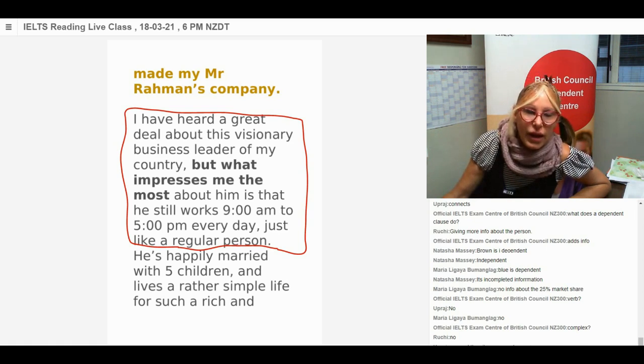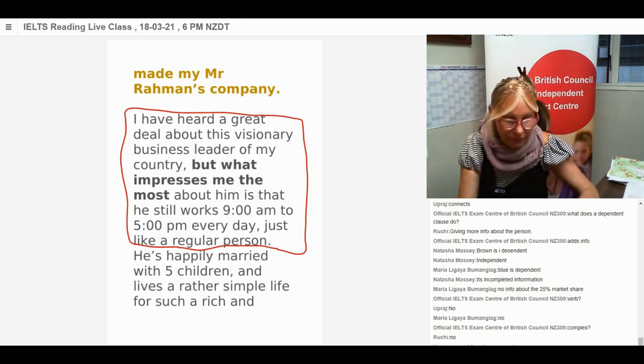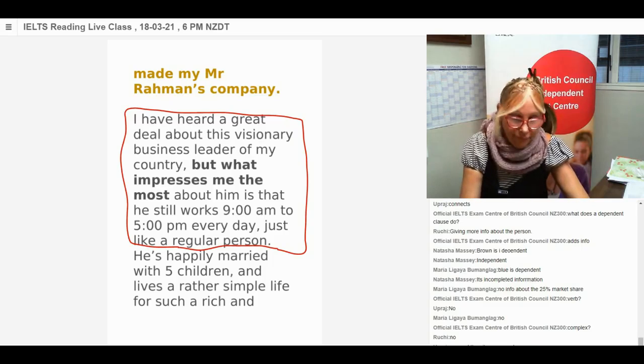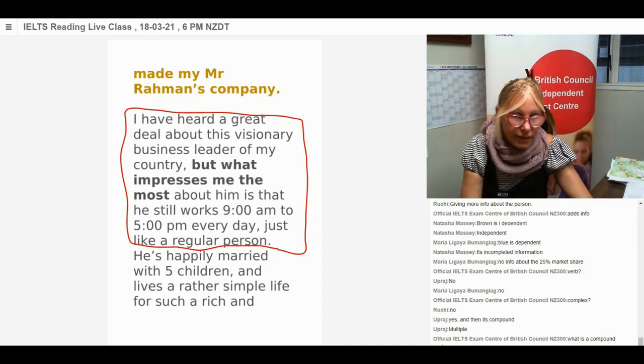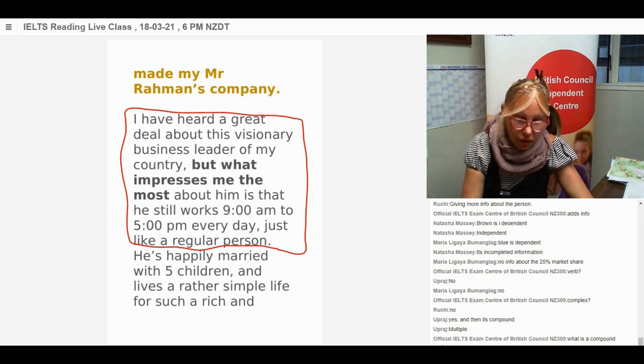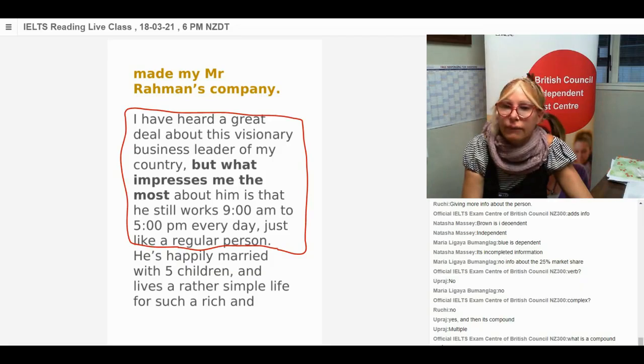Okay, so why is it compound? The answer is compound. Why is it compound? What is compound anyway? What does it mean? A compound sentence is two complete sentences joined by a conjunction. So in this case, what's the conjunction?